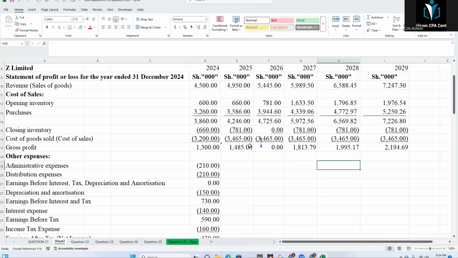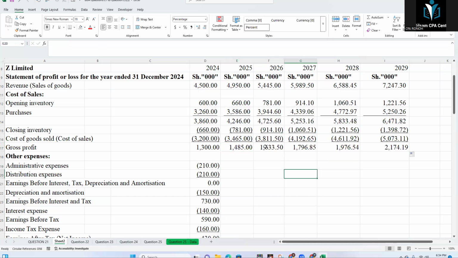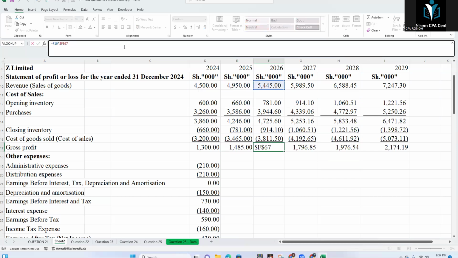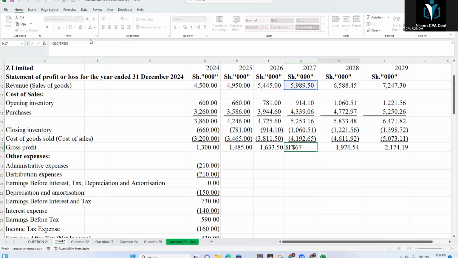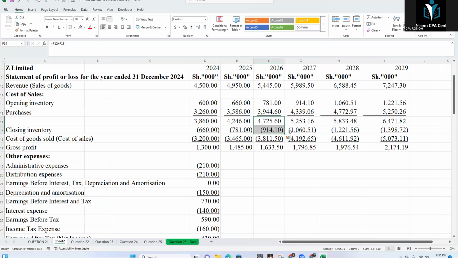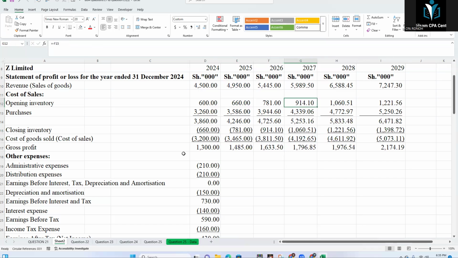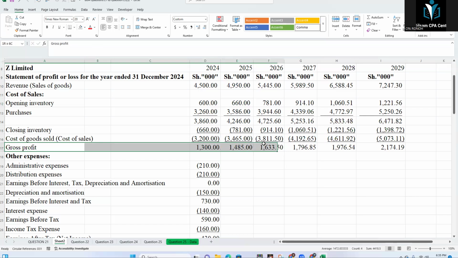We first select this up to that to get 30% of our sales. That is okay. Then we fill. So if you add this, you are getting this. Great. Now we are done with the first projection.